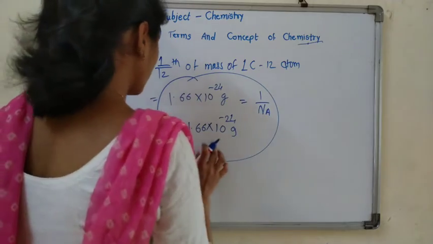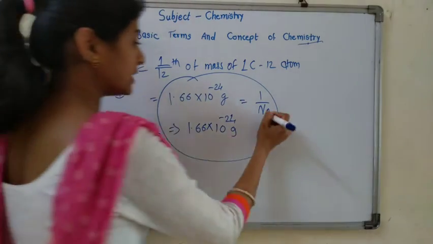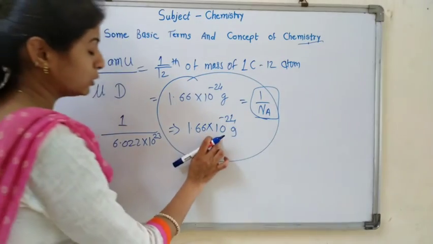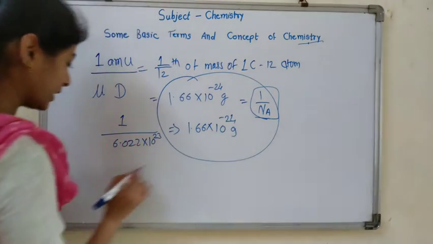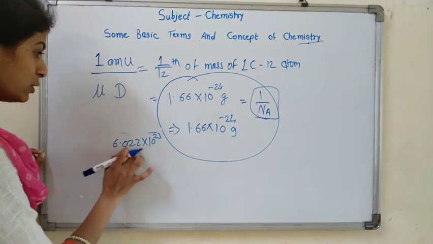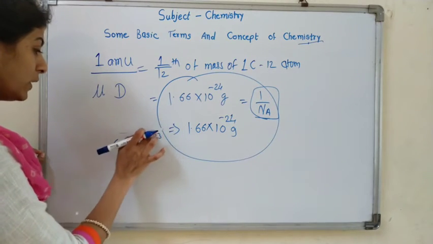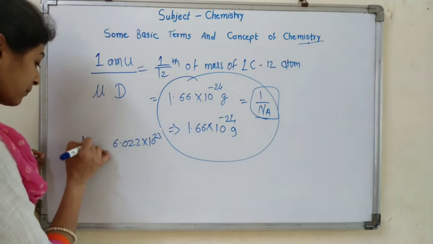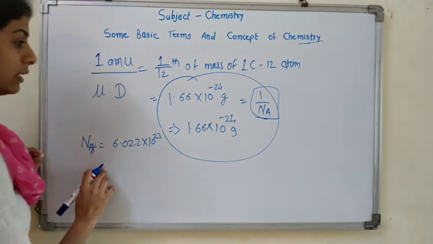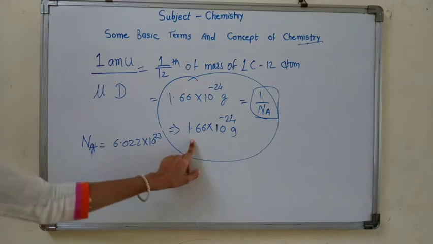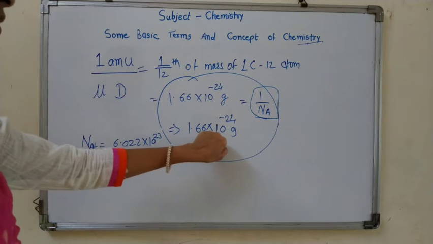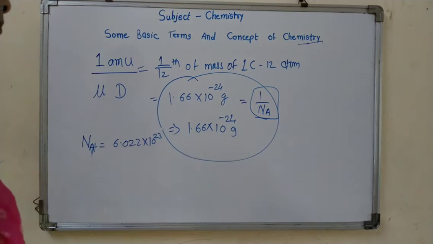Okay, so 1 over Avogadro's number, that is Na, is 1.66 into 10 to the power minus 24, and the exact value of Na is 6.022 into 10 to the power 23. Okay, this is Avogadro's number, and this is the mass of 1/12 of a carbon atom. Okay.